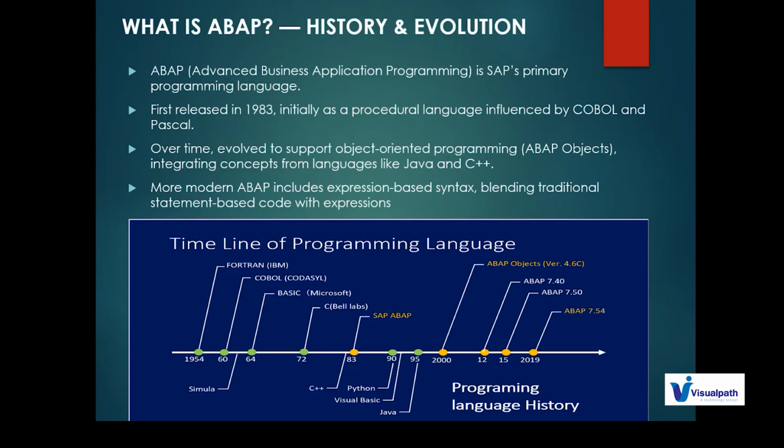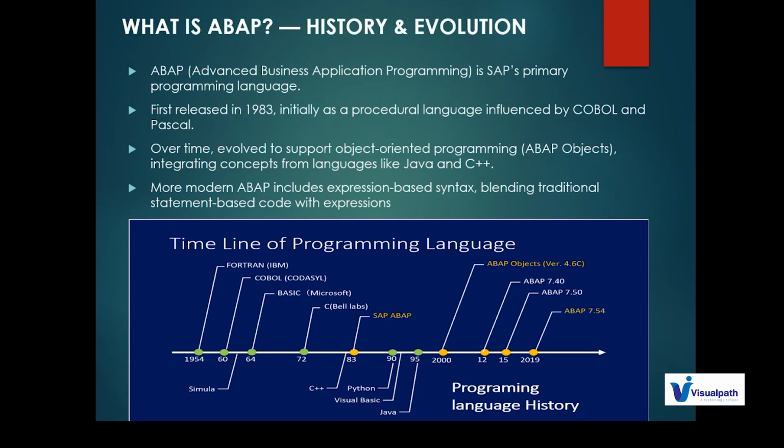Initially it was a procedural language influenced by COBOL and Pascal. If you have worked on ABAP, then you probably know the background behind it. Over time, it evolved to support object-oriented programming and integrating with Java and C++. When I was with SAP Labs, I met the person who actually designed SE24, who worked on the object-oriented part.